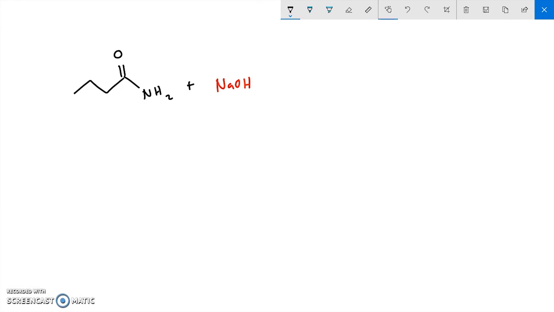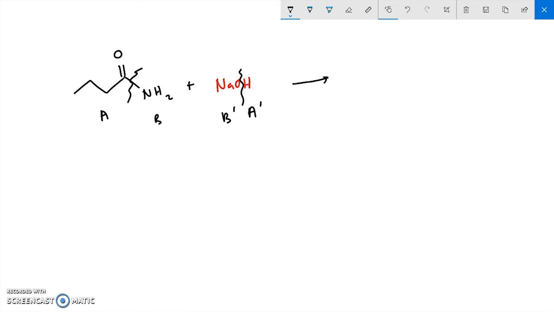When butanamide reacts with sodium hydroxide, for instance, we're going to use the same approach. First and foremost, we're going to identify the A part from the carboxylic acid. So we're going to cut down here and then identify this as A, and the connection to the NH2 will be considered as B, while for the sodium hydroxide, we're going to isolate the H so that the H will be considered as A prime, and then the rest will become B prime.